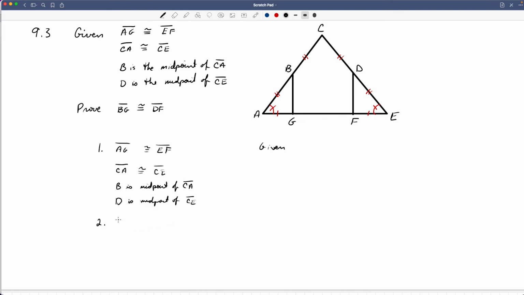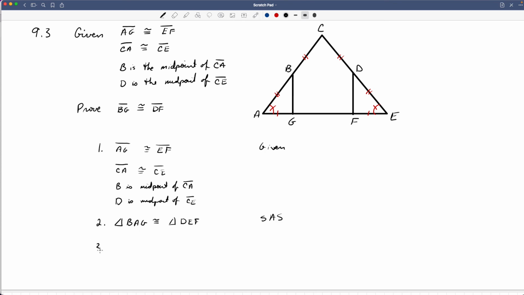I'm going to say that triangle BAG is congruent to triangle DEF, and that is going to be because of side angle side. So side angle side, right?